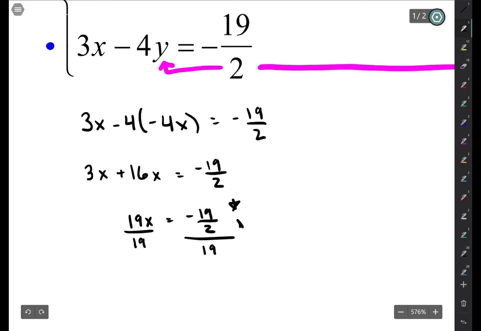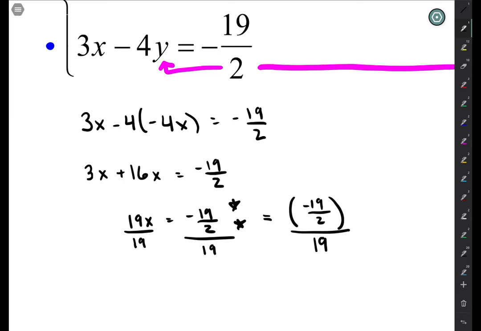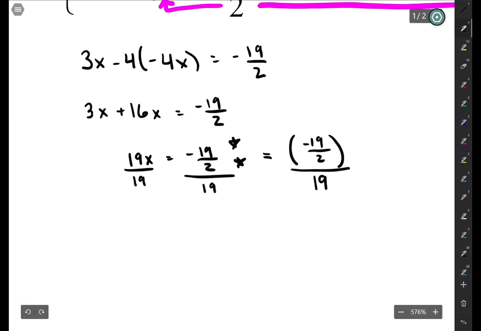Now, when you do this in your calculator, make sure you have -19/2 in parentheses divided by 19. If you don't have that in that order, you will get the wrong answer. So make sure you put parentheses. Always put parentheses around fractions. If you did it correctly with those parentheses, you should have x = -0.5, okay, which is really -1/2. So as you're doing these, try that in your calculator, parentheses around the fractions, okay?